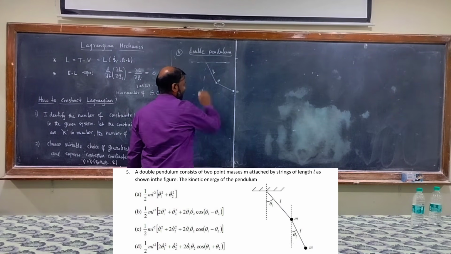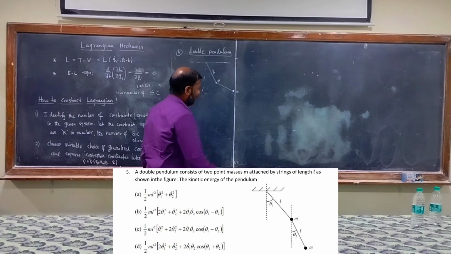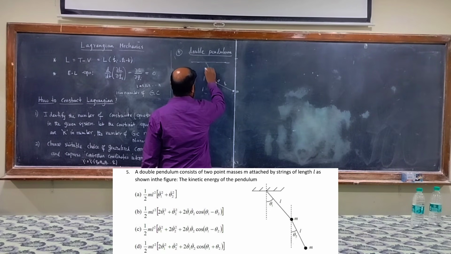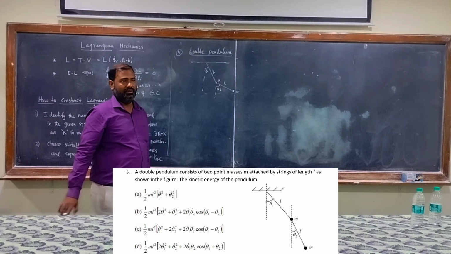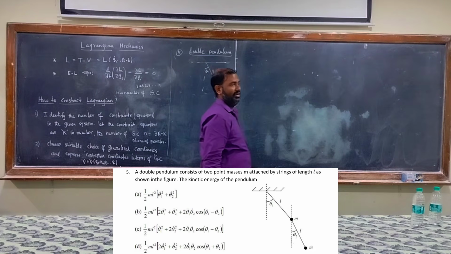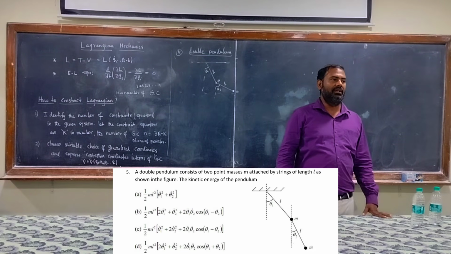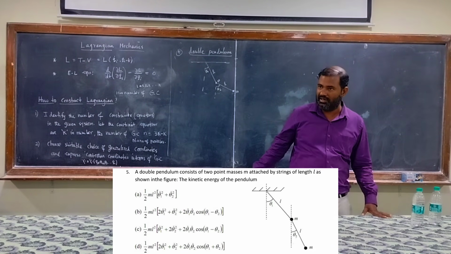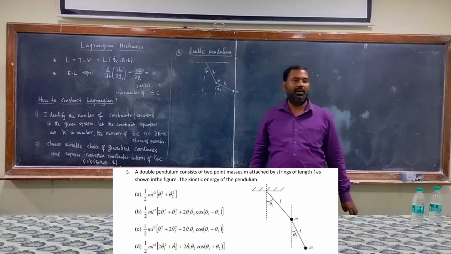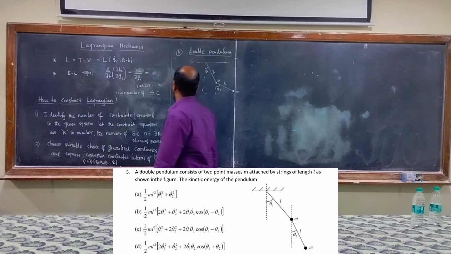M, this is L, this is also L, and this is theta 1. This is clear. So now for this double pendulum, the first step is to construct the Lagrangian. So first step, identify the constraints. What are the constraints there?